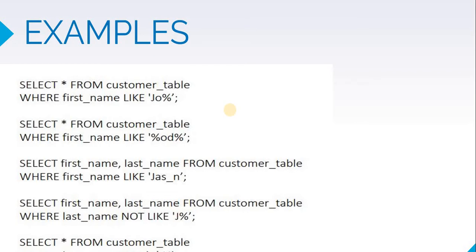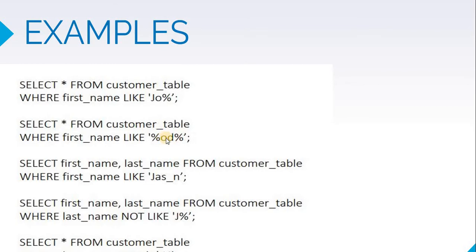Now, if you want to select customer who has Nelson in their name, maybe their first name should be Nelson, or maybe their last name should be Nelson, or Nelson should be appearing between the string. So, how to find such customer? As you can see, we will write that word between the two percentage symbols.